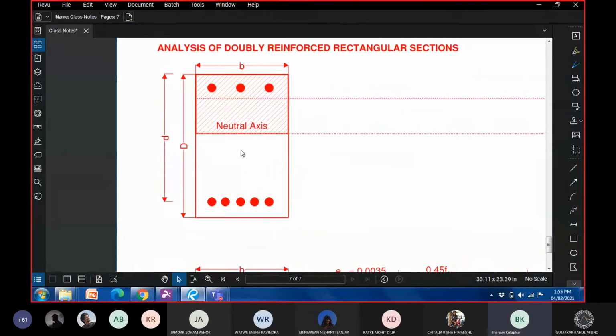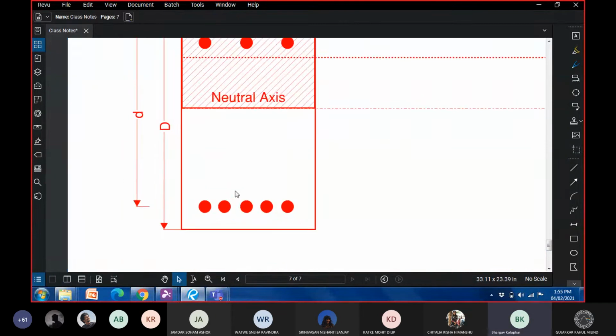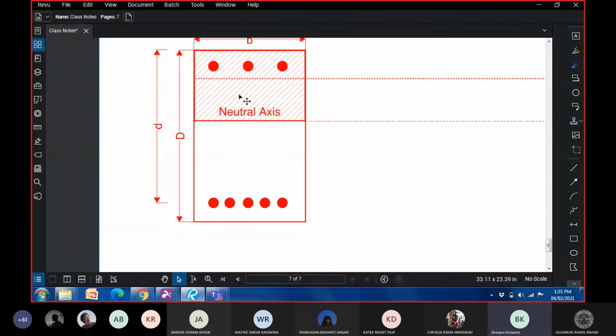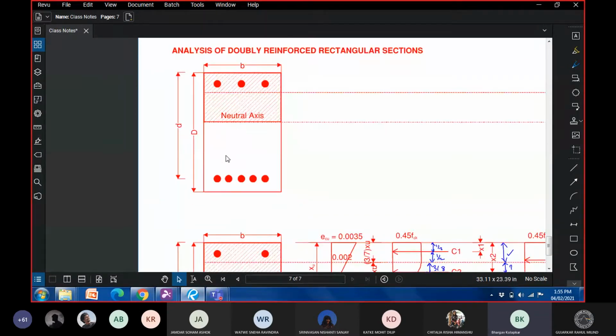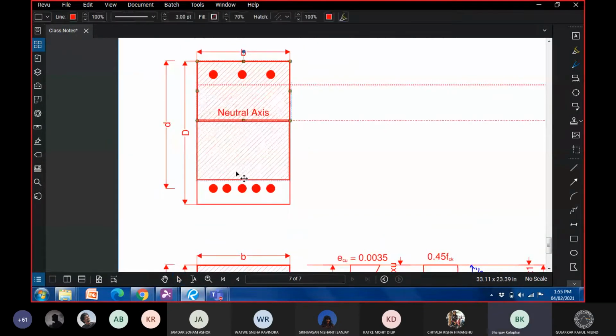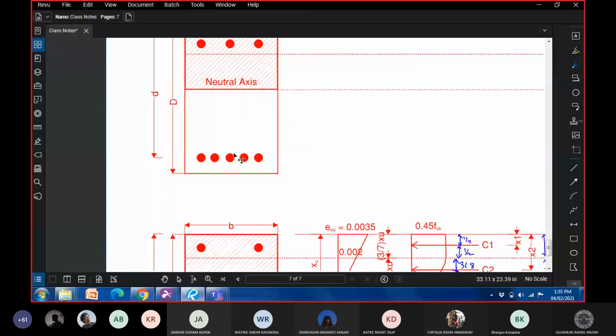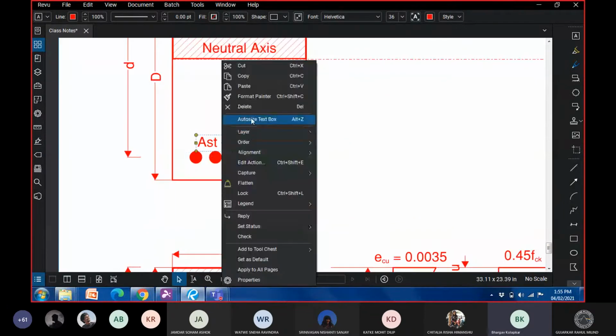Consider this section which has some amount of reinforcement on the tension side and some amount of reinforcement in the compression side. Let us denote this steel as Ast, or area of steel in tension.